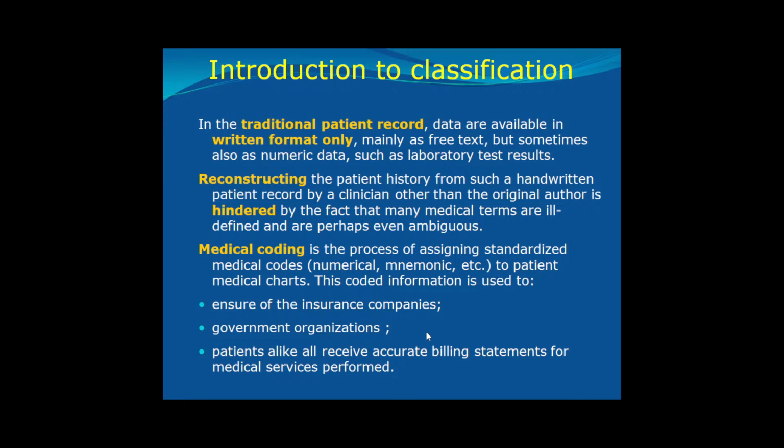Medical coding is the process of assigning standardized medical codes of different types, medical, mnemonic, and so on, to patient medical charts. This coded information is used to ensure that insurance companies, government organizations, and patients alike all receive accurate billing statements for medical services performed.